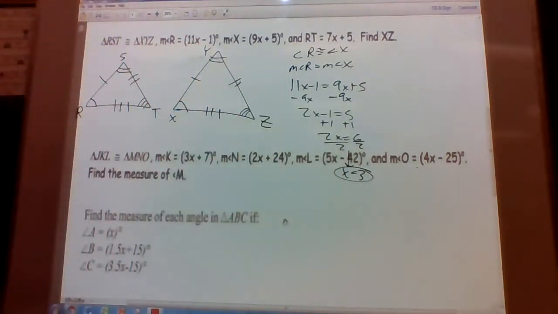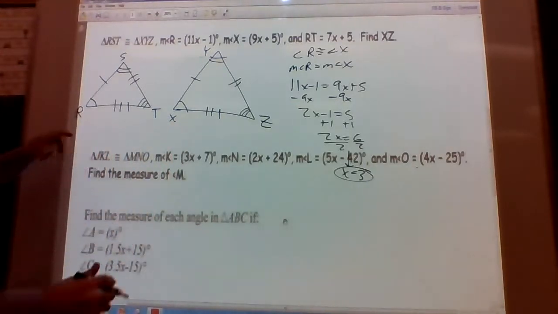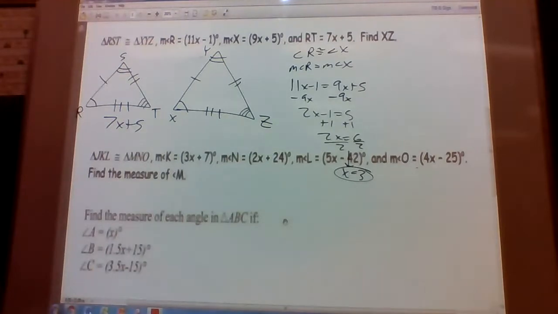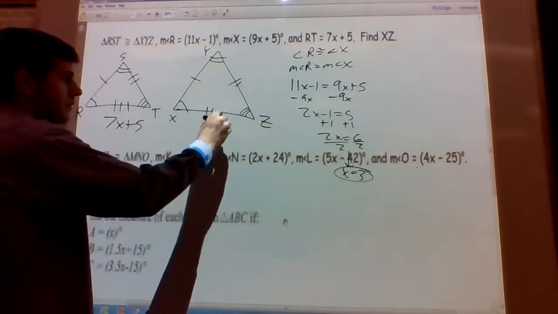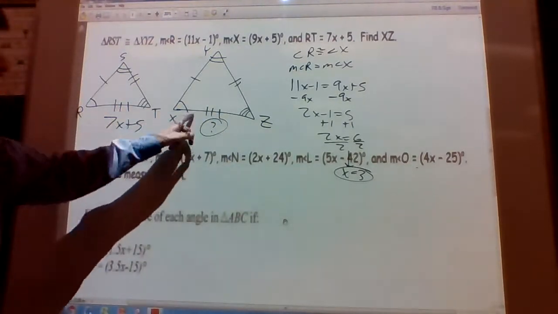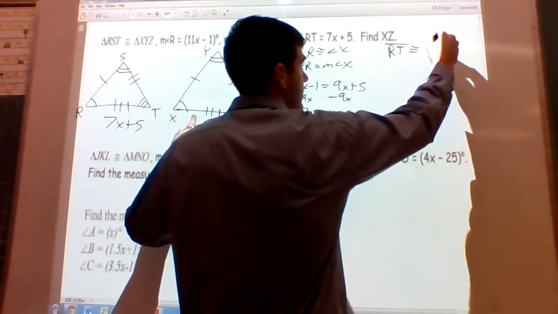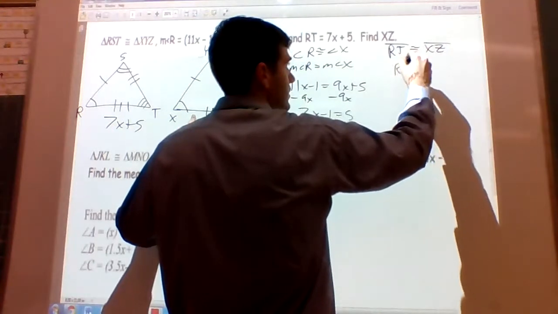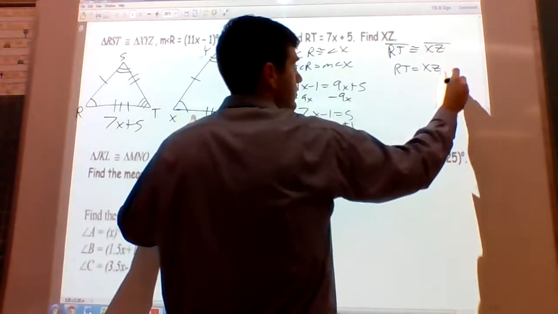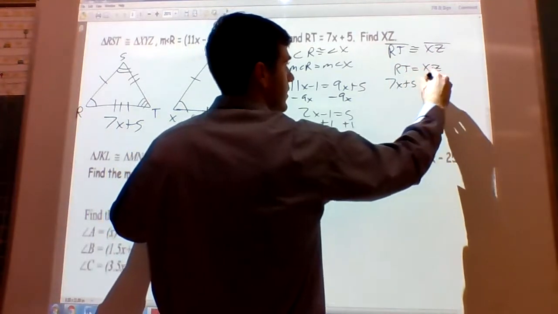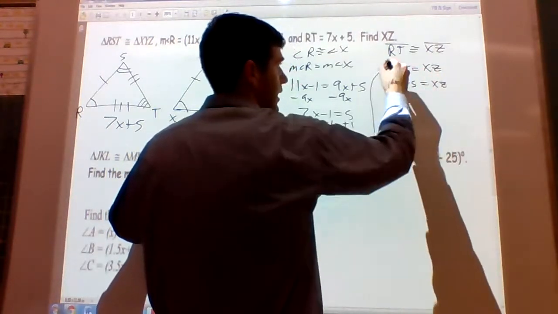Okay, but we're not looking for x. We're looking for XZ. So we know RT right here is 7x plus 5, and we're looking for this number right here. So we know RT is congruent to XZ. Therefore, we know RT is equal to XZ. RT we said was 7x plus 5, and we can substitute in now our 3.